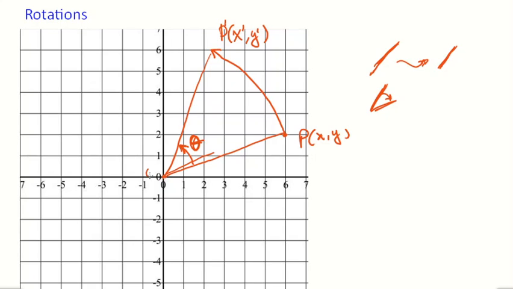So here it's important to notice that our angle POP' is positive if it is counterclockwise, and it would be less than 0 if it's clockwise.